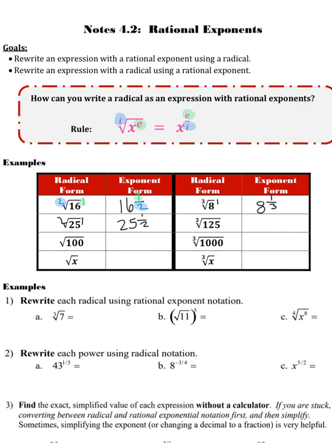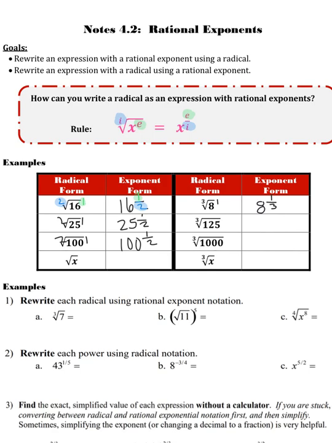So you have 25 to the 1/2. Similarly, on the third example, the square root of 100, if I'm going to convert that, remember square root's index of 2, and this is just 100 to the first, so I could rewrite that as 100 to the 1/2.